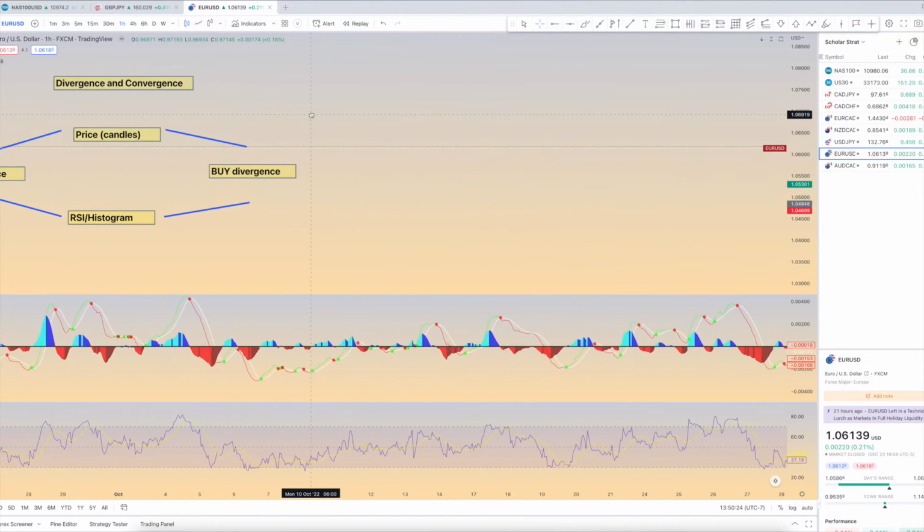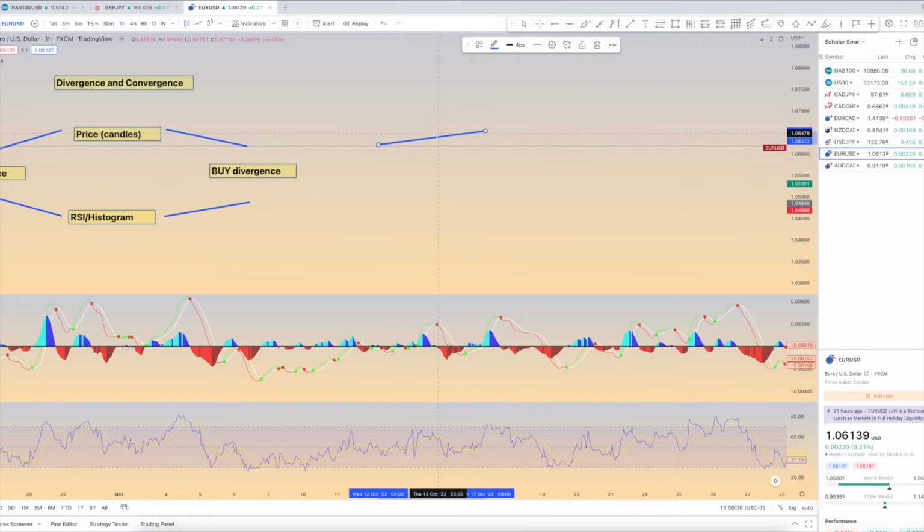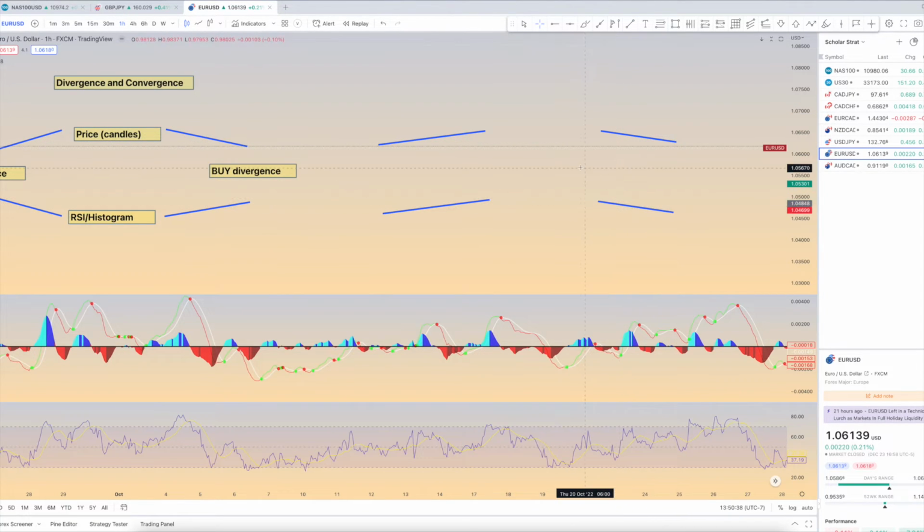Okay, convergence is when both lines are going in the same direction, right? Which very likely means that the pattern will continue. So as you can see, this would be a sell and a buy.